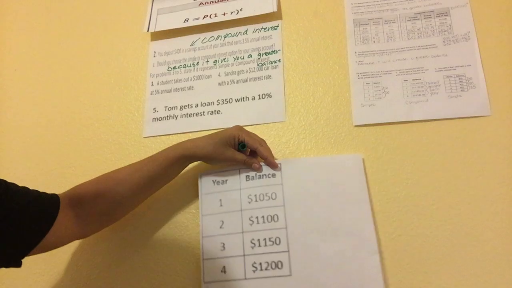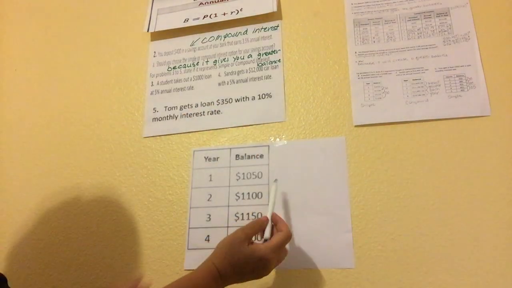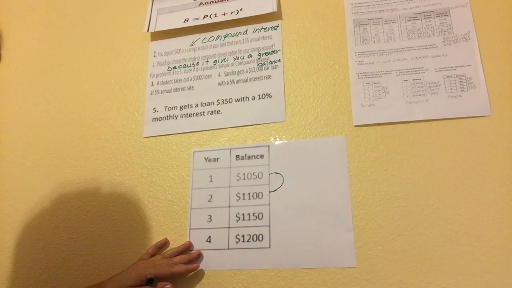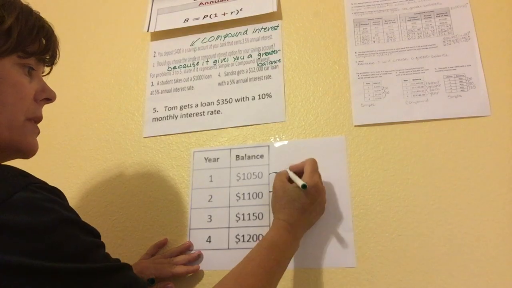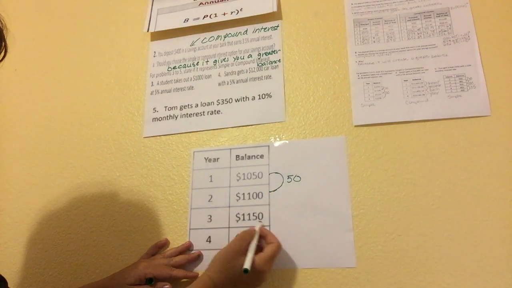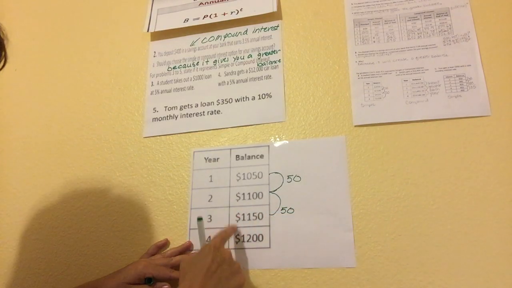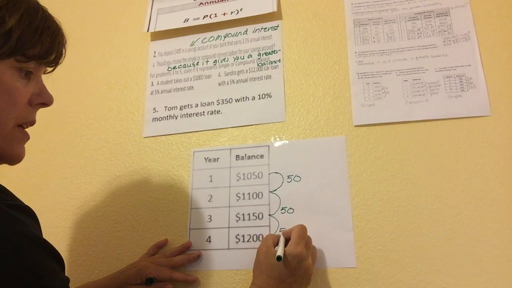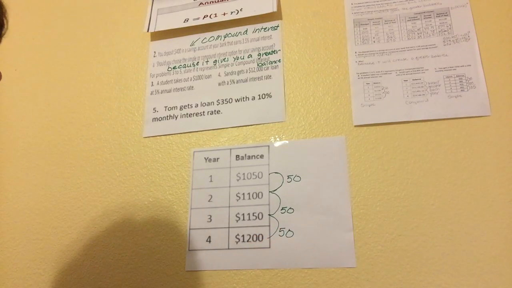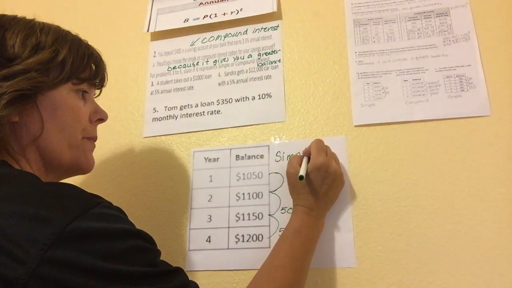The way you could figure that out is to look at the difference. So the difference between $1,050 and $1,100. If we do subtraction, we'll see that the difference is $50. $1,100 and $1,150, what's the difference? $50. The difference here is $50. When your interest always stays the same, it's going to be simple. So you can put simple on this one.